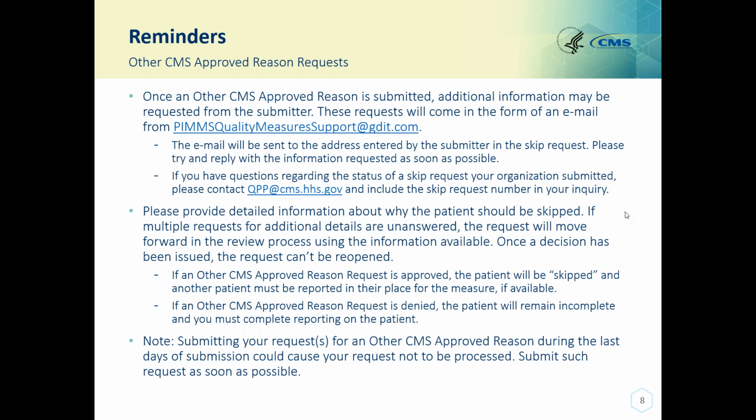Once a decision has been issued, the request cannot be reopened. Submitting any requests for other CMS approved reason during the last days of submission could cause your request not to be processed. Please submit your request as soon as possible. Next slide, please.